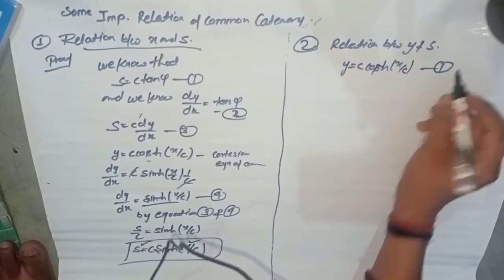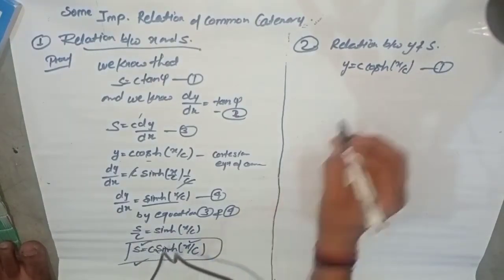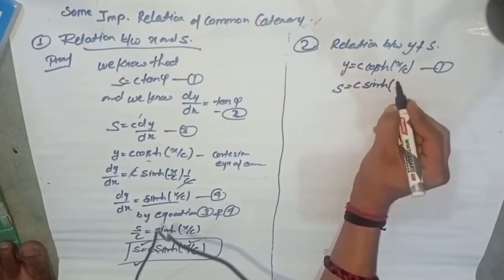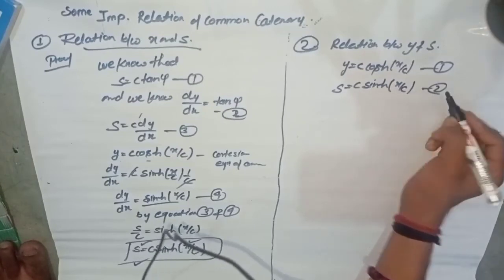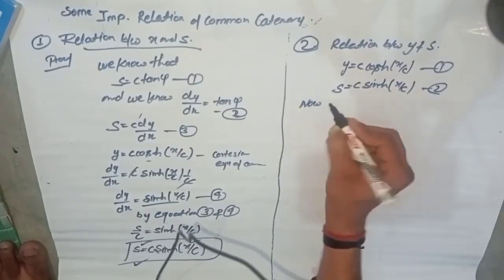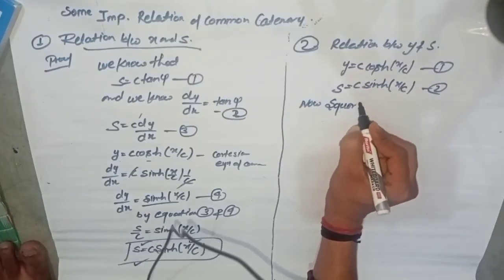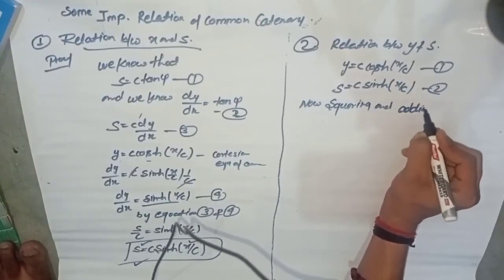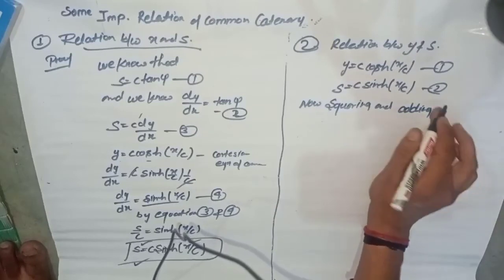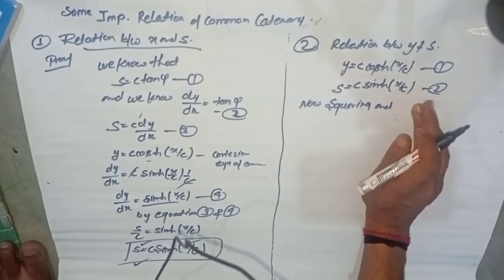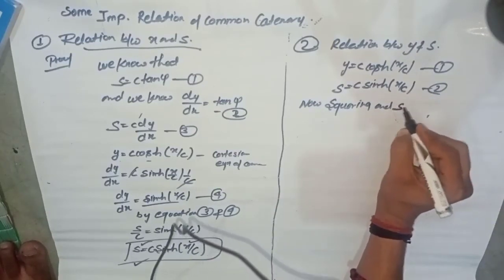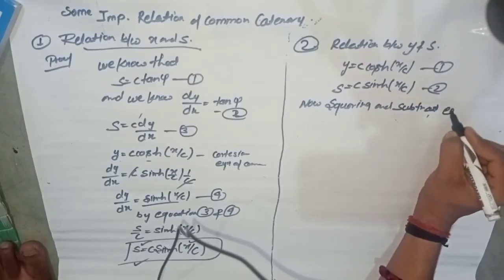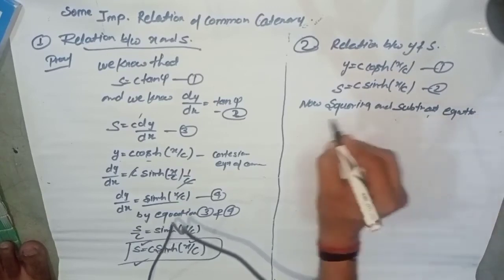This is equation 1, and we also proved that s equals c sinh(x/c). This is equation 2. Now squaring and subtracting equation 2 from equation 1.